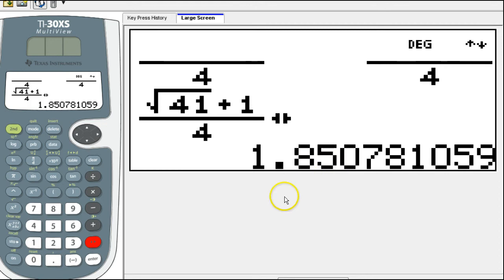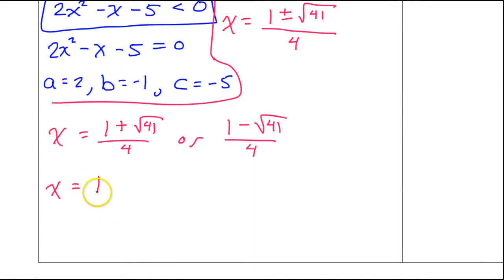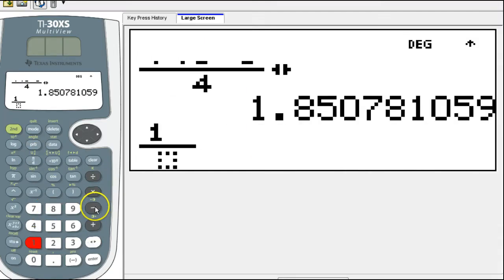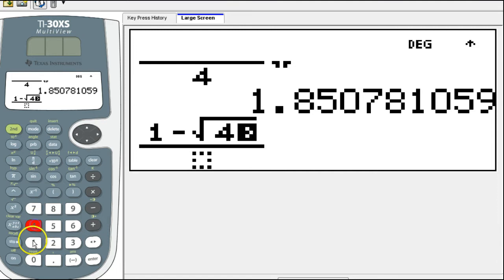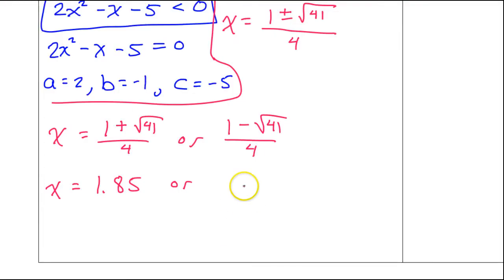So this is approximately 1.85. Now let's do 1 minus radical 41 over 4. Ignore that, hit the toggle key, negative 1.35. Alright, so 1.85 or negative 1.35, approximately.